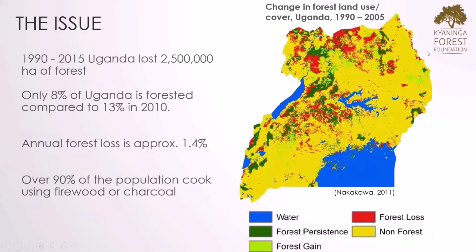As you can see, between 1990 and 2015, 2.5 million hectares of forest were lost. This roughly equates to about 100,000 hectares per year. And currently, the forest cover in Uganda has dropped to only 8%.